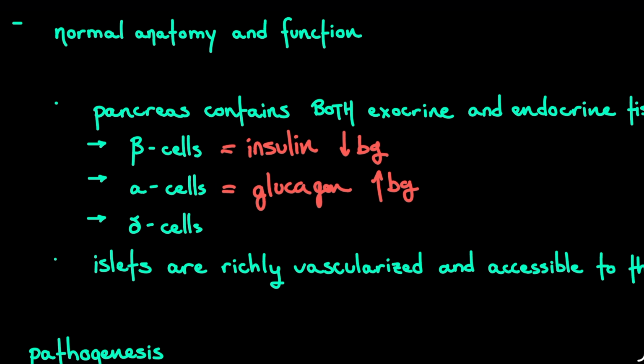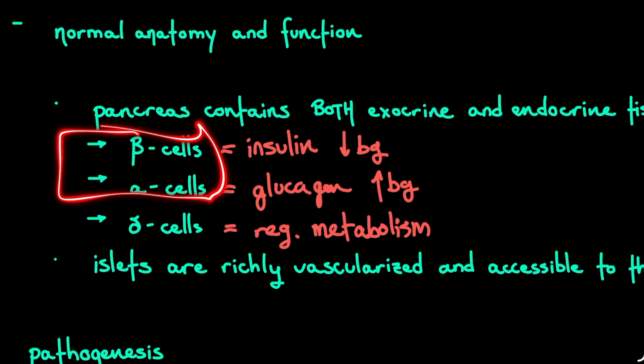And somatostatin, this is like the lesser known sibling. This is the Kevin of the Jonas Brothers. It regulates metabolism. Yeah, but we're not really concerned about that. We're concerned about blood sugar maintenance.